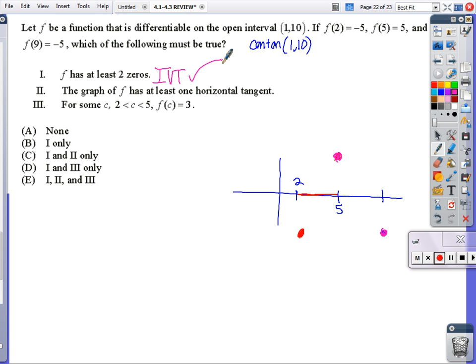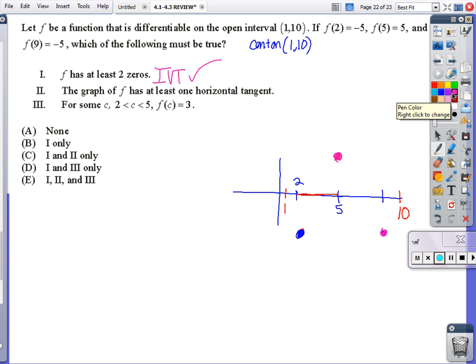F has at least one horizontal tangent. F has to have at least one horizontal tangent because if they're giving us from 2 until 9 as closed endpoints, but we know that in between 1 and 10, we were differentiable and that means continuous.